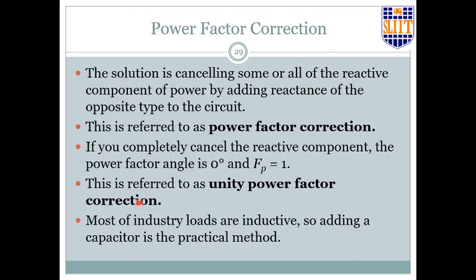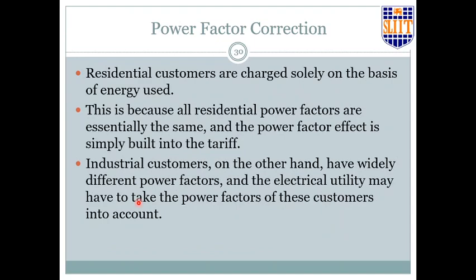Keeping that in mind, domestic users can't control this apparent power, and the utility, the electricity board here, has a generic estimation of what amount of power factor would be there.